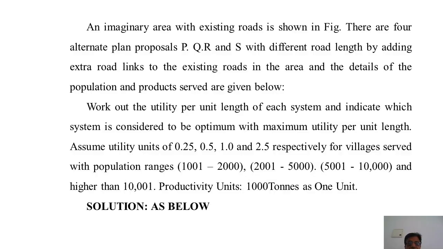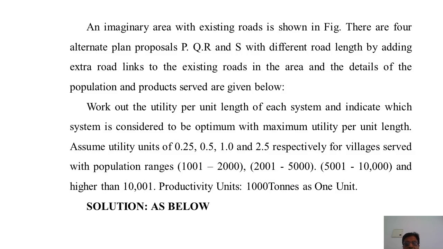So the problem is an imaginary area with existing roads as shown. There are 4 alternatives P, Q, R, or S with different road lengths. By adding an extra road link to the existing road in the area, the details of population and the products served are given. Work out the utility per unit length of each system and indicate which system is considered to be optimum with maximum utility per unit length.